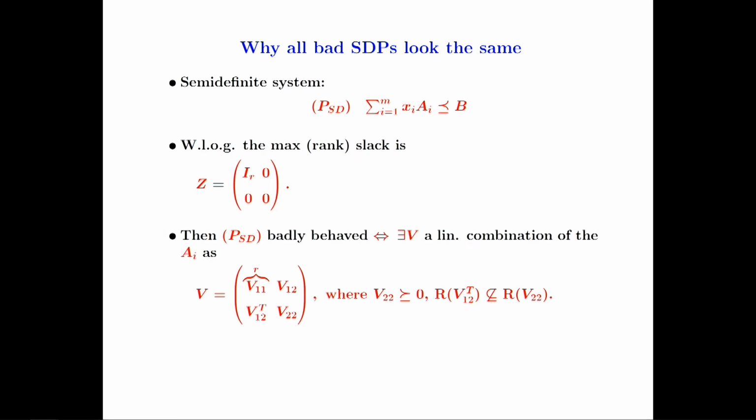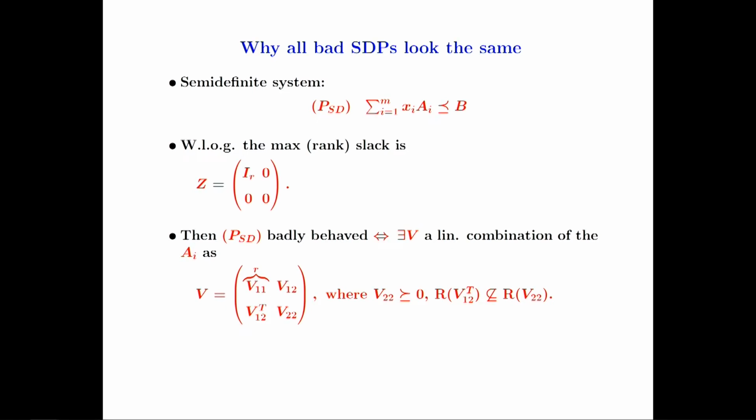And the theorem is that the semi-definite system is badly behaved if and only if there exists a V matrix, which is a linear combination of the A_i matrices, which is of this particular form. The particular form means that this V11 is r by r, so that matches the size of the identity in the maximum rank slack. This V22 is positive semi-definite, right?